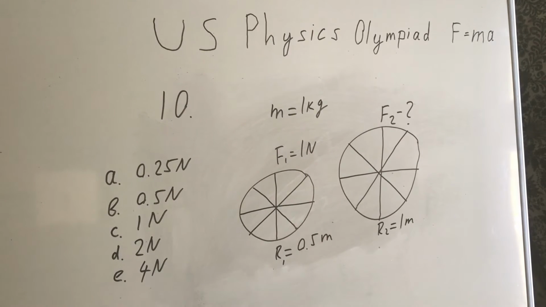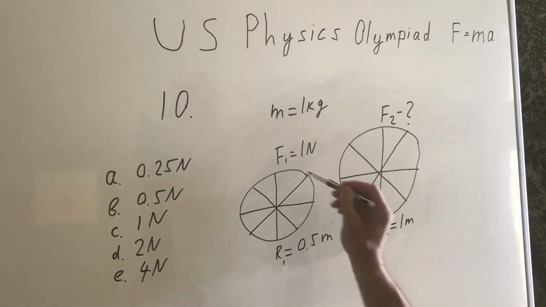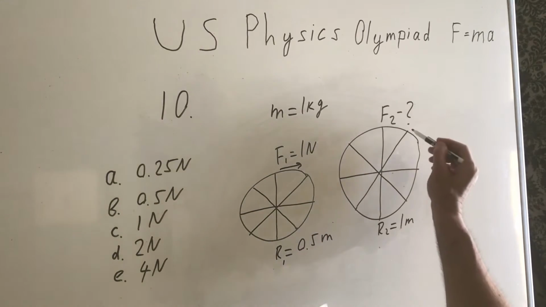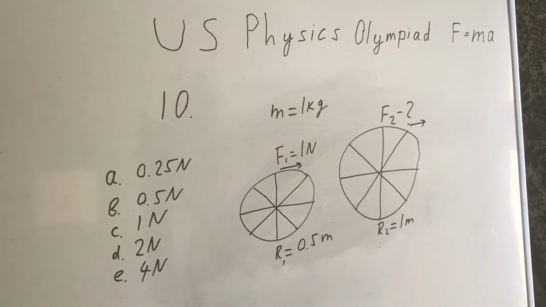Problem number 10. Two wheels with fixed hubs, each having a mass of 1 kilogram, start from rest and the forces are applied as shown. F1 this way, F2 this way.